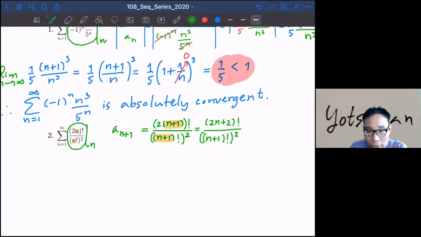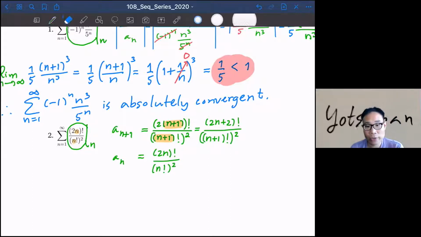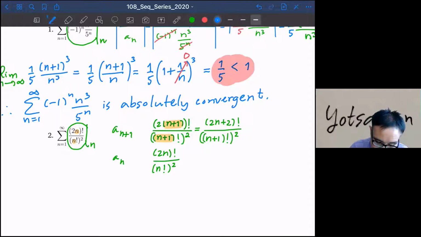And so you're going to have to find the ratio. So a_n is going to be (2n) factorial, and you're going to divide by n factorial squared. So that my a_(n+1) and a_n, we're going to replace the equal sign and divide, like we did before.